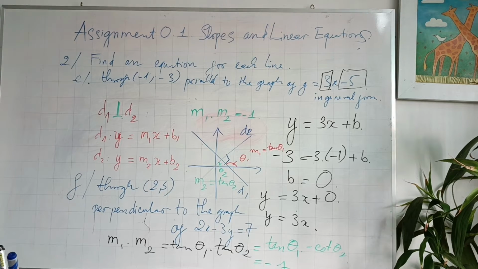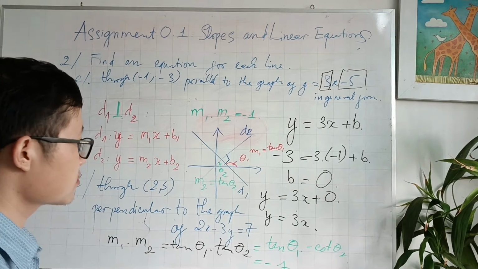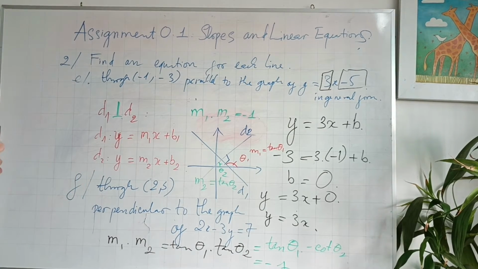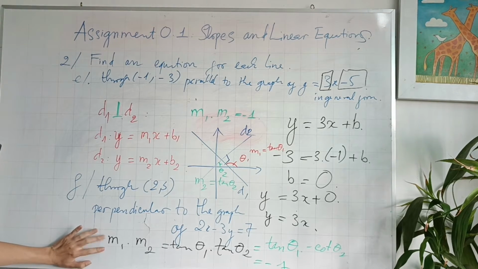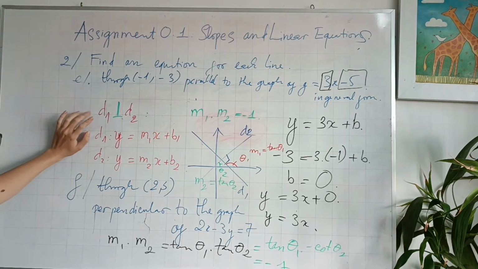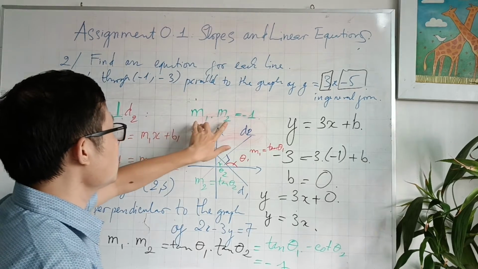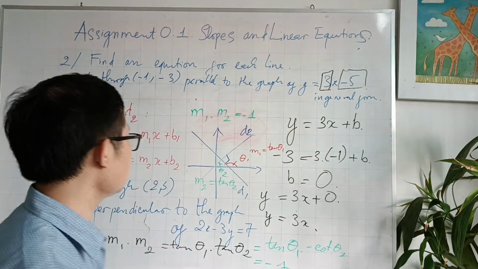It is about the trigonometry section. Okay. Maybe you don't want to remember this theorem. You just remember that when D1 is perpendicular to D2, the formula is m1 times m2 equals -1.